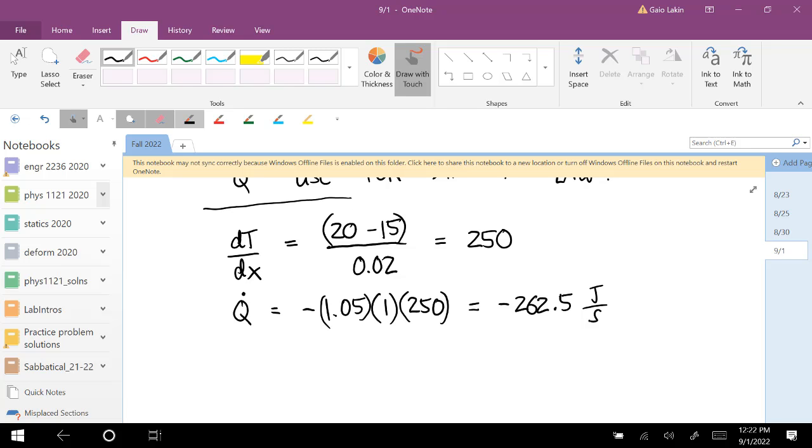That negative just means that, when I calculated this dT/dx, I treated it as if x is increasing as you go from the 15 side to the 20 side. So x is getting bigger as the temperature increases.